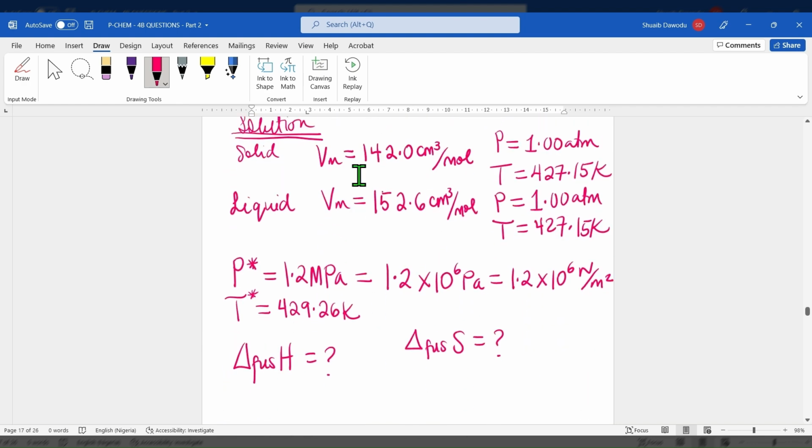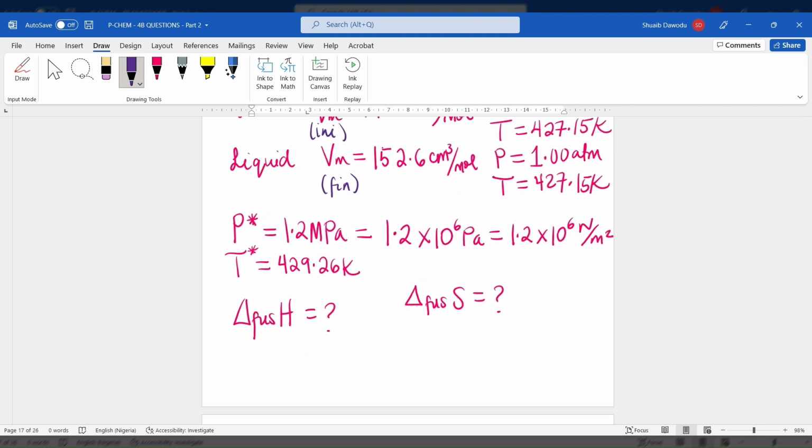Here we're given the initial molar volume and the final molar volume as a result of melting. The initial molar volume will be that of the solid because it's a melting process, and the final molar volume will be that of the liquid. This information will be necessary when we start solving.